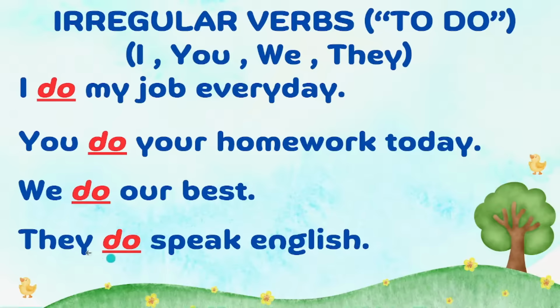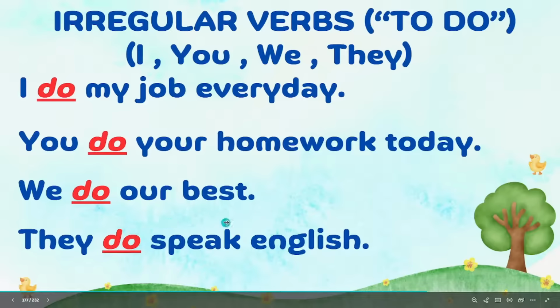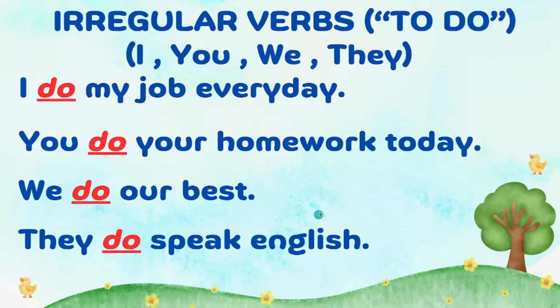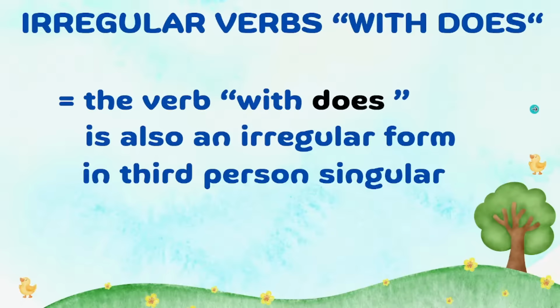Yes. They do speak English. So there's nothing to be confused with regarding the irregular verb to do for the I, you, we, and they pronouns. Also with the word does. Do and does.